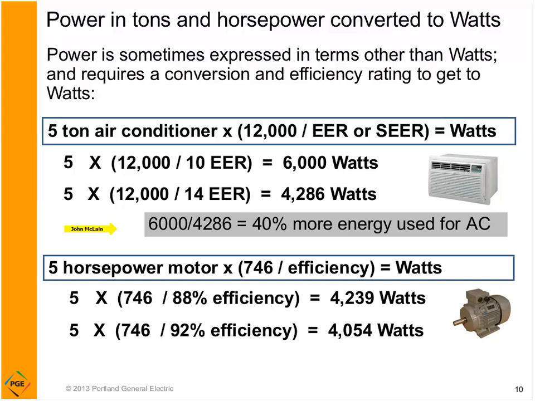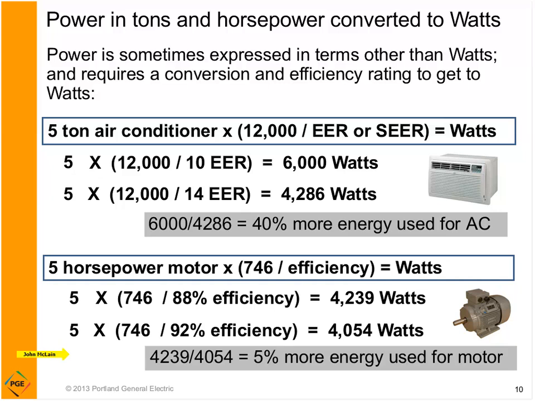Motors have the same exact issue. Pay attention to the efficiency rating. In this example, the label will tell you what the efficiency rating is of the motor. If you apply that to this formula, you will get different wattage uses for two different pieces of equipment. In this case, 5% more energy used by the motor at 88% compared to the one at 92%.